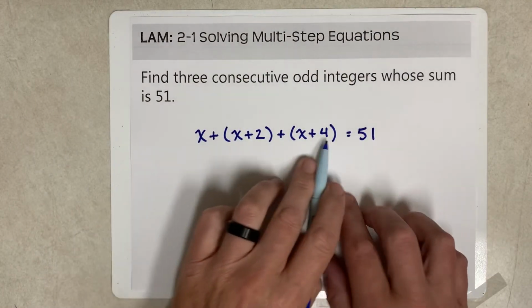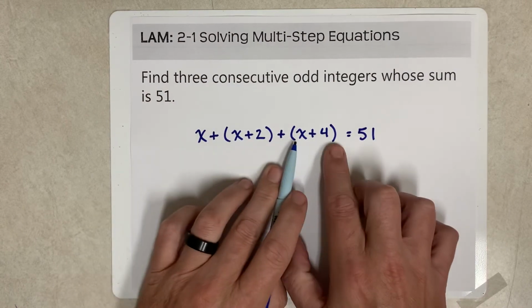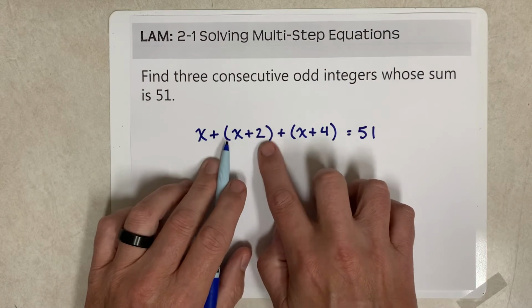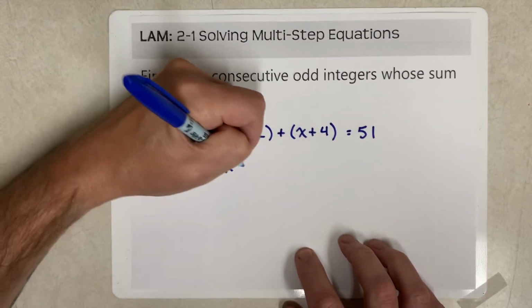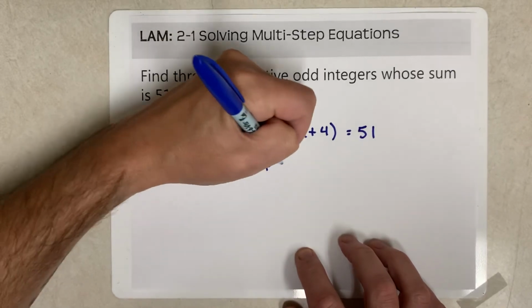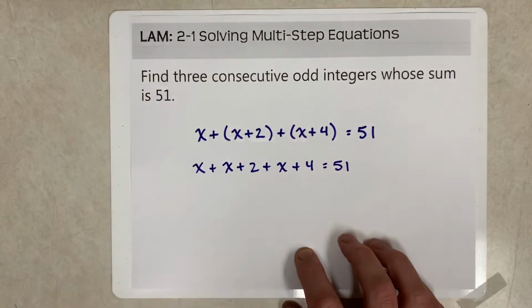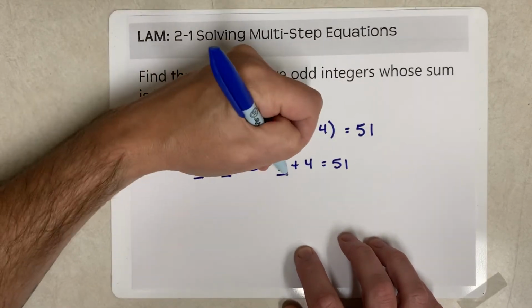So let's take a look at this left-hand side and let's see if we can clean it up. We got a plus parentheses, plus parentheses. So as we've seen before, when that happens, you can just get rid of these parentheses. x plus x plus 2 plus x plus 4 equals 51. All right, how many x's do we have over here? 1, 2, 3.